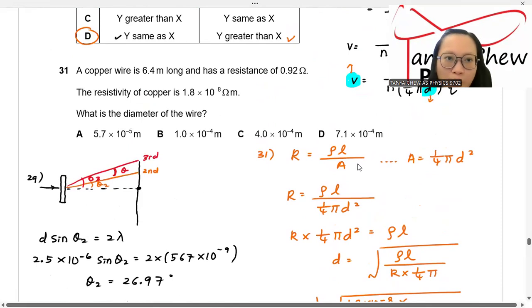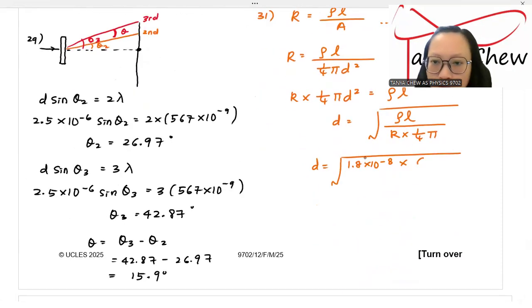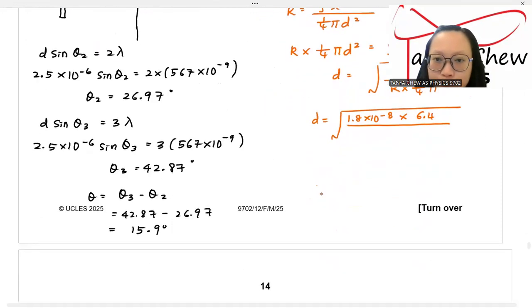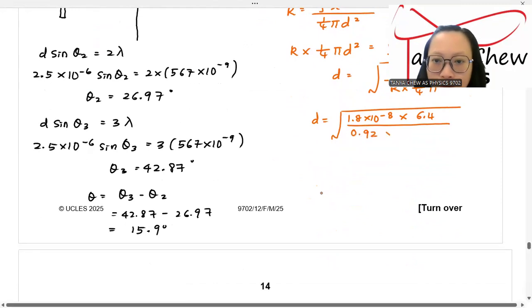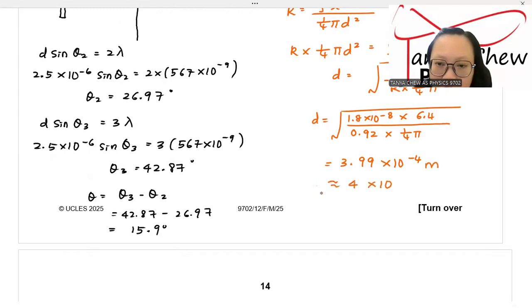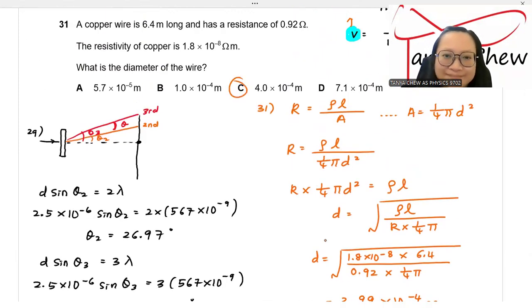The length of the wire is 6.4 meter over R, the resistance, which is 0.92, times 1 over 4 pi or 0.25 pi. So the diameter is 3.99 times 10 to the power of negative 4 meter. So you round it off to 4 times 10 to the power negative 4 meter, which is C.